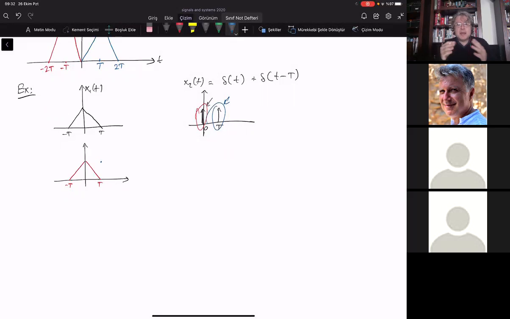So the peak will be at capital T, and it will start from 0, and it will go up to capital T, like this, okay? So the red and the blue triangles must be added. And when you add them, you have to be careful about the overlapping regions, because the overlapping regions must be added. You cannot just draw 2 triangles within one another. You have to add them up.